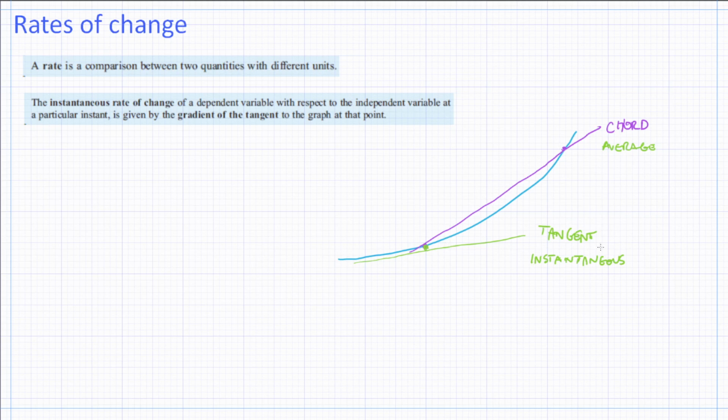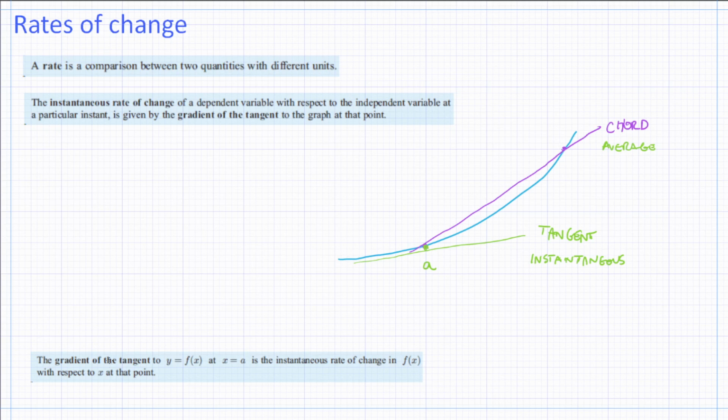And the tangent here is basically the gradient at that point, right? So the proper definition: the gradient of the tangent to y equals f of x, at x equals a, so this would be point A, is the instantaneous rate of change in f of x with respect to x at that point.